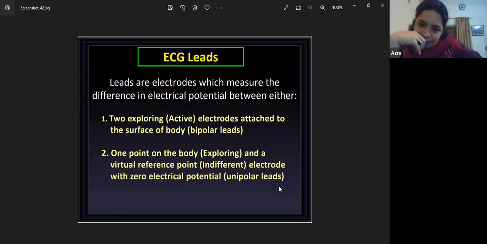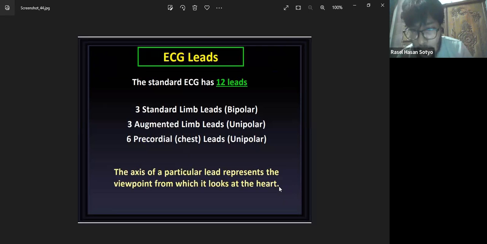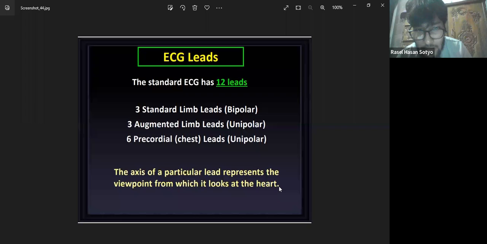There are 6 precordial leads and four limb electrodes, 2 upper and 2 lower limb, right? There are 10 electrodes we attach on the body, but it is recorded as 12 leads on the ECG paper.